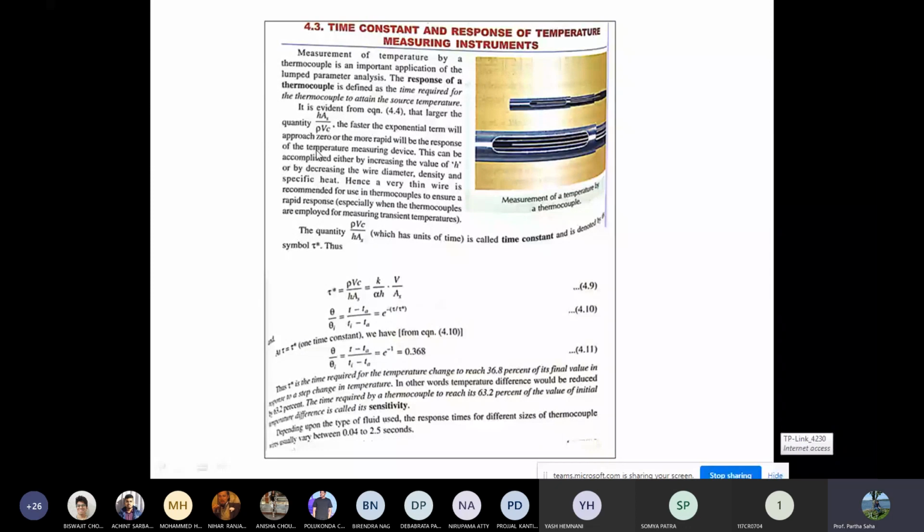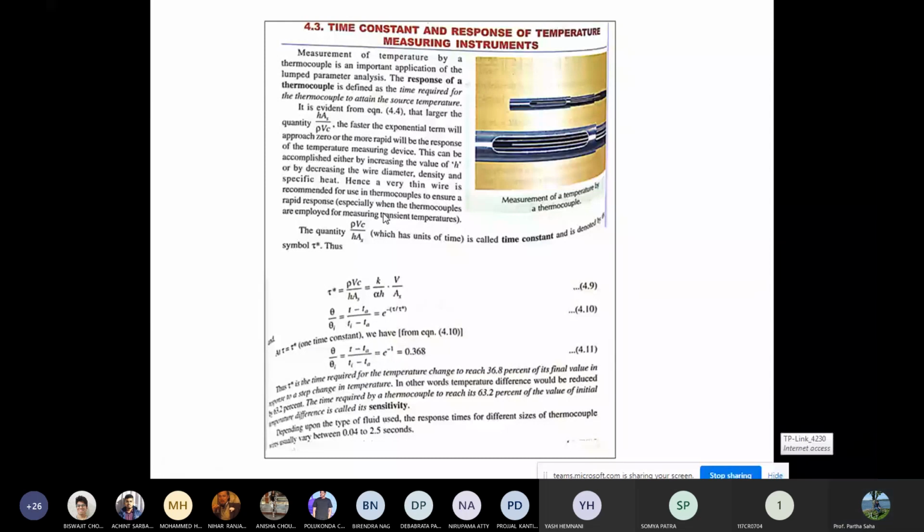So you can increase h, that is the numerator, and the denominator, that is ρVc or ρLcCp, can be decreased. Hence, a very thin wire is recommended for use in a thermocouple to ensure a rapid response to temperature fluctuation.